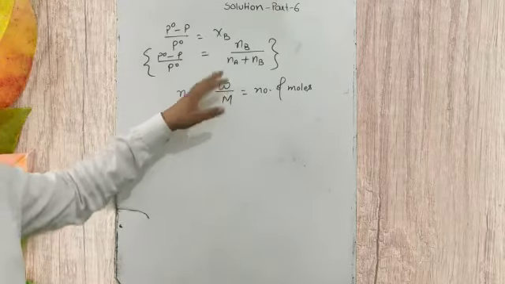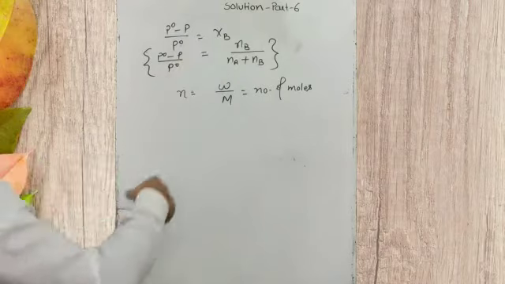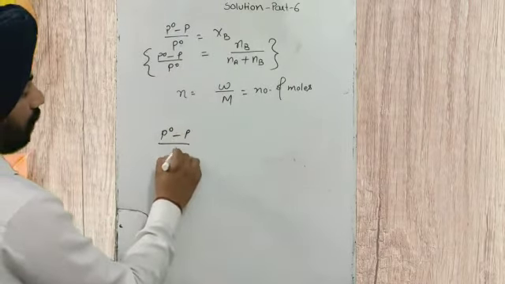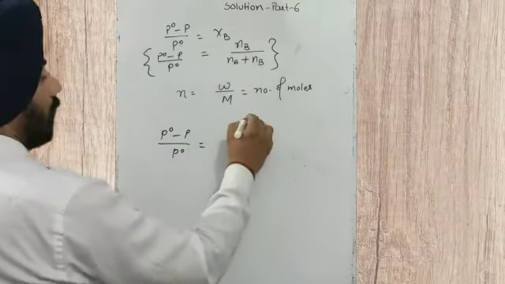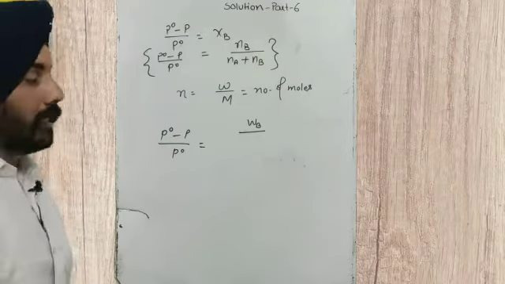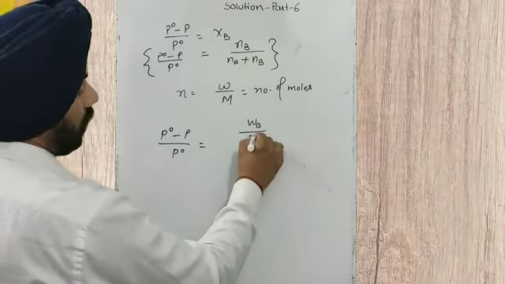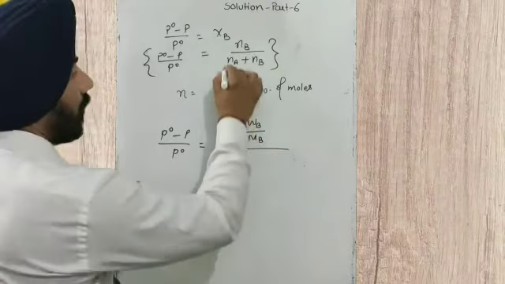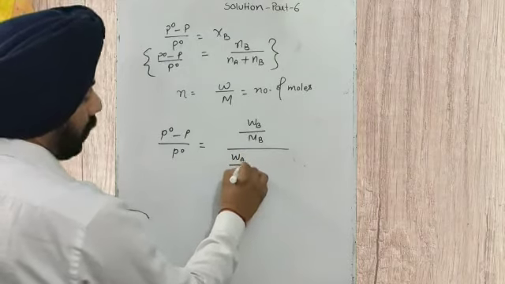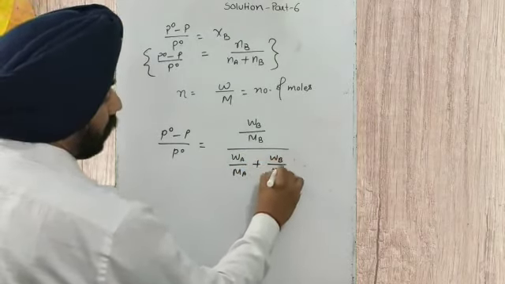The ratio of these two is called number of moles. So here I am going to mention in this formula P naught minus P upon P naught is equal to WB, the weight of substance B taken in the solution, and molecular weight of B, that is MB. Like for Na there will be WA upon MA, and WB upon MB.